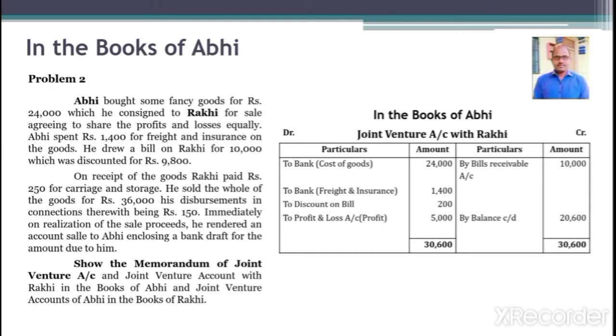To discount on bill rupees 200. To profit and loss account 5,000. So this is the profit on memorandum joint venture account. On the credit side you can see by bills receivable 10,000 and the balance 20,000, that is by balance carried down. So this is the balancing figure.